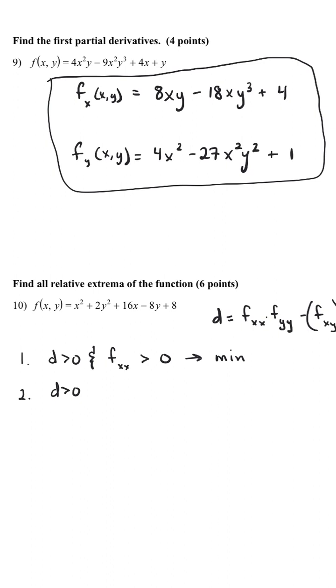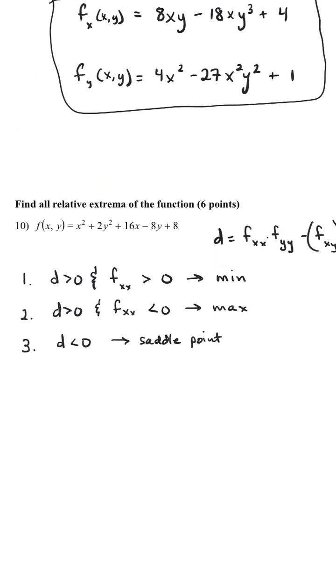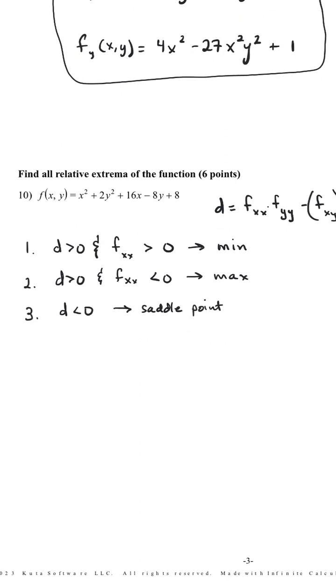If d is bigger than 0 and that second partial derivative is less than 0, it's a maximum. If d is less than 0, it's what's known as a saddle point. It's not an extreme value. It's not a relative minimum or a relative maximum. Those are the things that will either be on the board during the test, or I'll embed them into the question so you won't have to try to remember those.